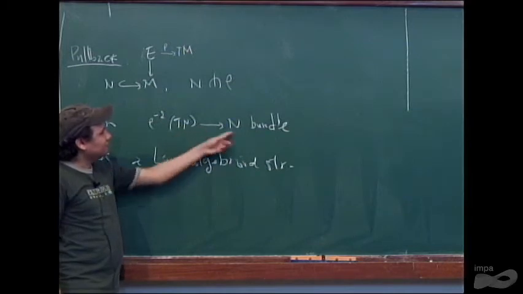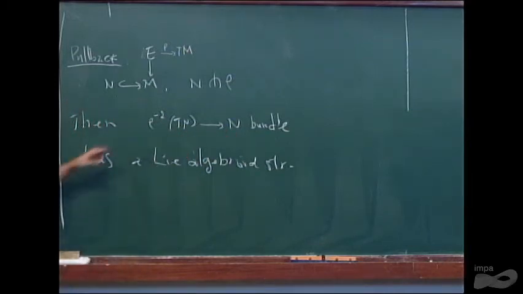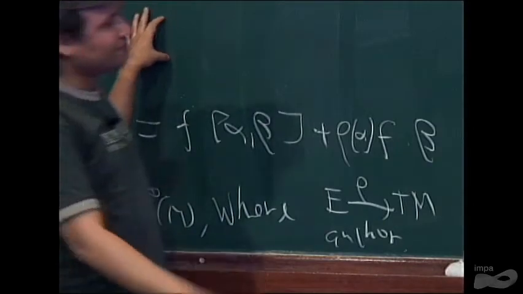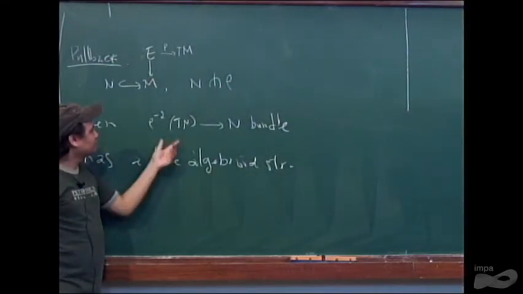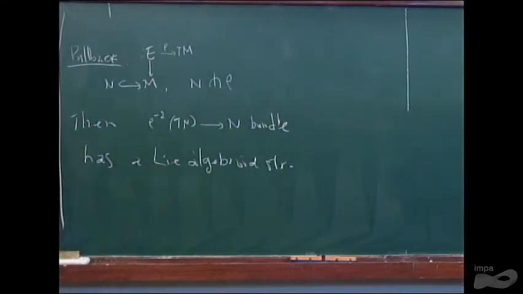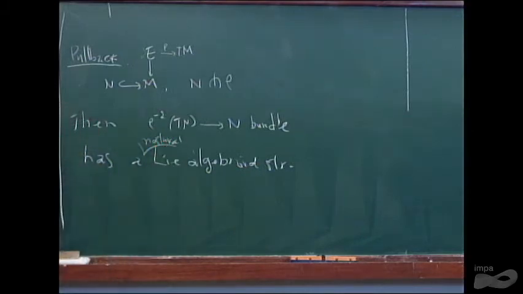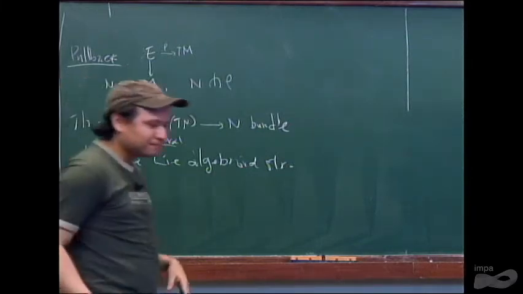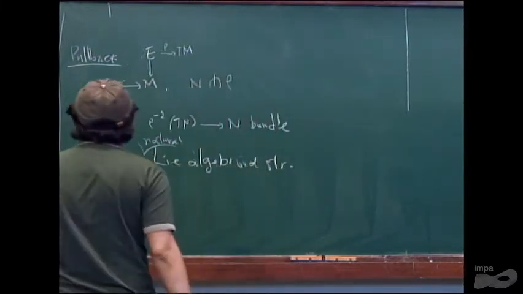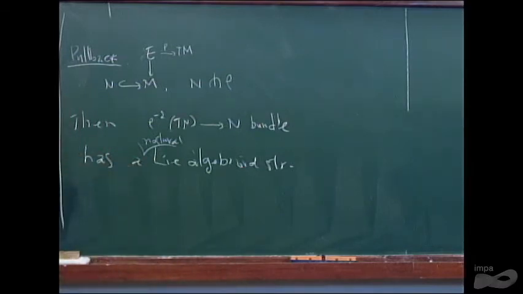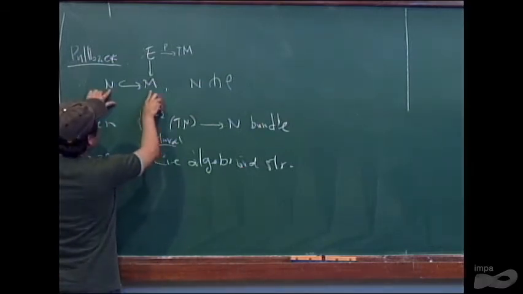Every time you have a section of this bundle, you extend it to a section of E, and then you calculate the Lie bracket that you have here with these extended sections, and after that you restrict it again to N, and then this is going to be another section of this bundle. So it has a natural Lie algebroid structure. It's the one that you get when you extend the sections, calculate the bracket and restrict. This bundle is the definition of the pullback when you have a transverse submanifold.